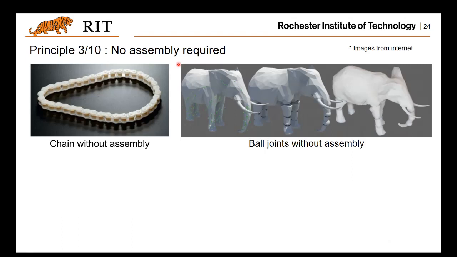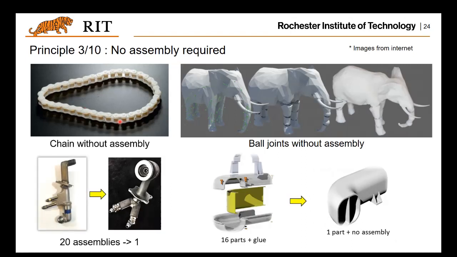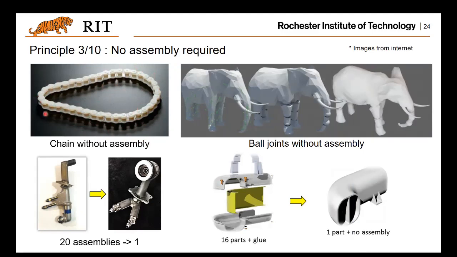And in many cases, assembly of the parts is not necessary using 3D printing. As you can see here, this chain is printed without assembly. This is probably printed using powder-based or plastic-based printing. There's a way to avoid assembly.